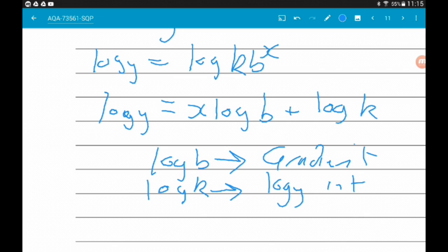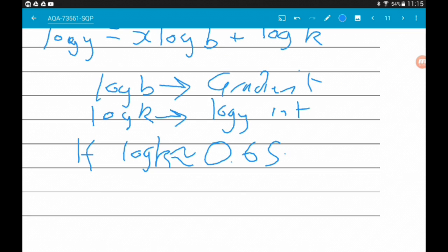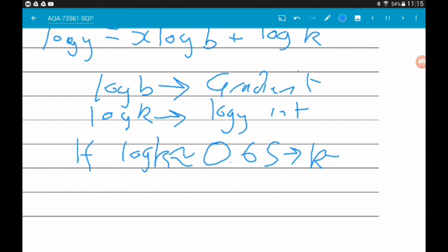So if log k is roughly equal to 0.65, then we know k is, well, to undo the log, remember we're dealing with a log base 10 here, so to undo the log we would do 10 to the power 0.65, so k is equal to 4.7 if I go to one decimal place.